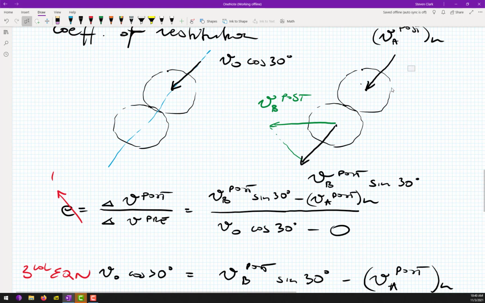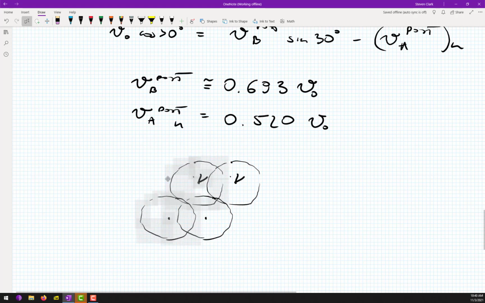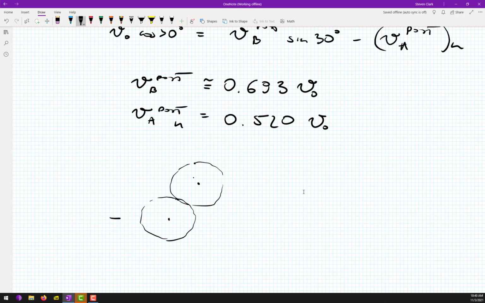Okay, if I may steal 30 seconds from your time, I just would like to draw the situation post-impact. So this is how our situation will look. This will be 0.693 V0, and this guy will have such components, this direction, this direction.